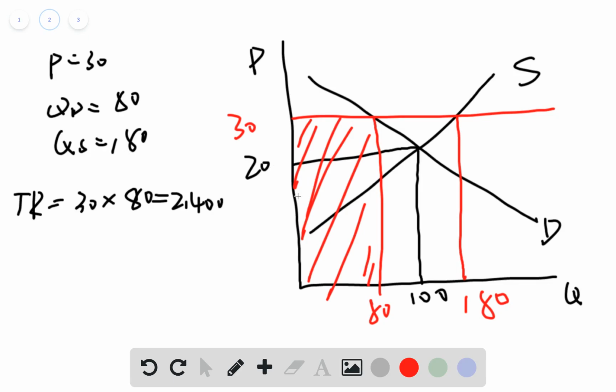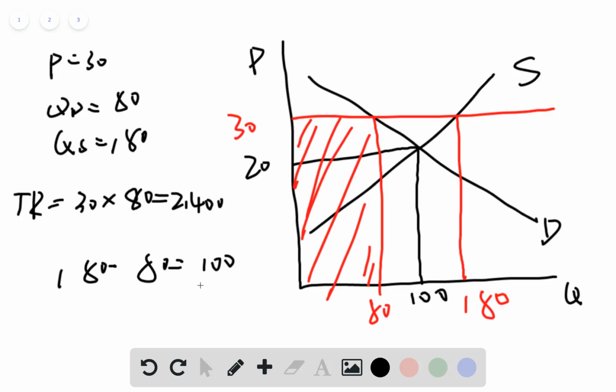And part B says that the government will not buy any surplus. But in part C, the government will buy the surplus. That means this is 180 minus 80, that is 100 units. The government needs to buy these 100 units from the producer.